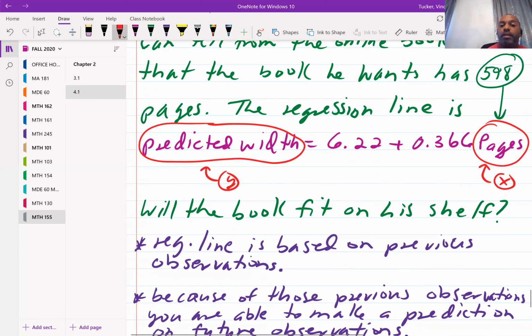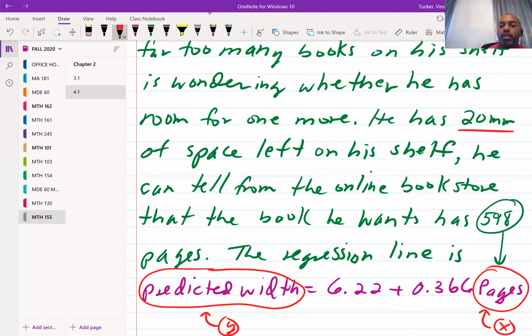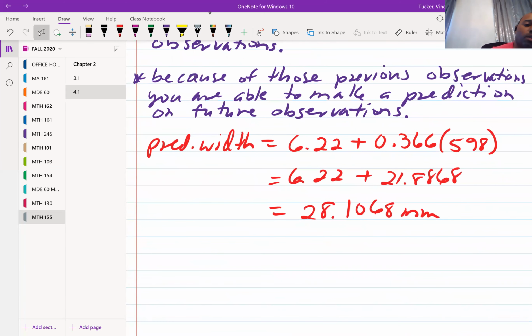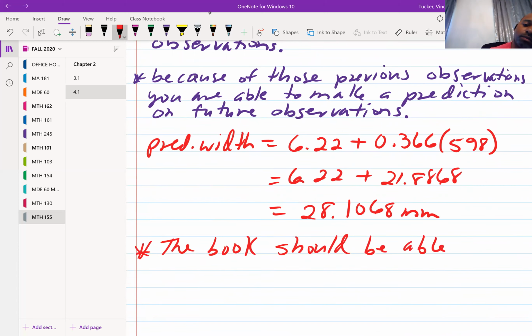And if you go back, he only has 20 millimeters left on the shelf. So the book should not be able to fit. That's a bookcase, right? You were talking about shelf. Yeah, shelf.